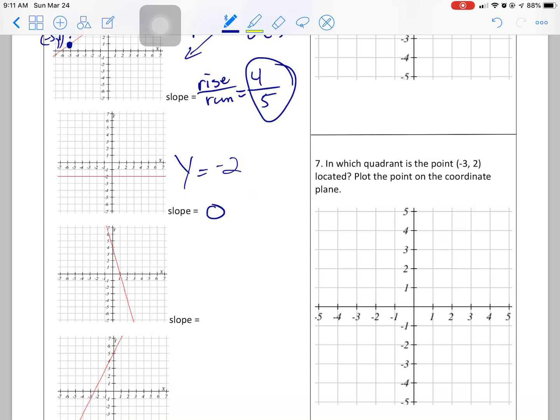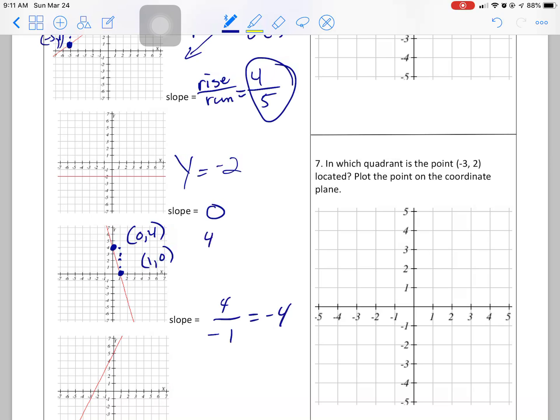Okay. This one, though, here's my b. (0, 4). Back over here, that one is (1, 0). I can do the rise over run. Let's see. Down 1, 2, 3, 4, and over 1. So that would be -4 is my slope.